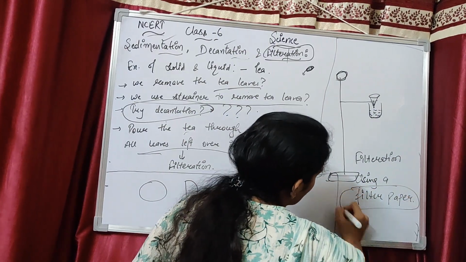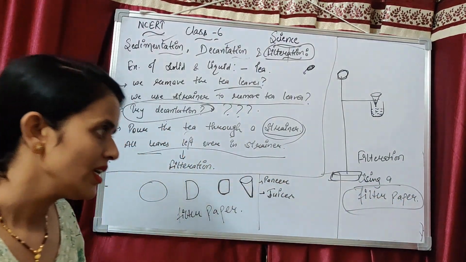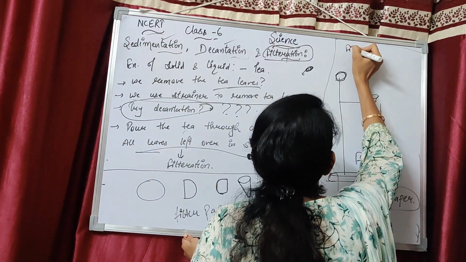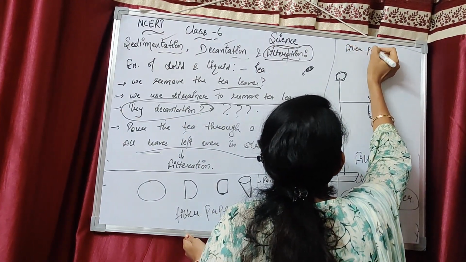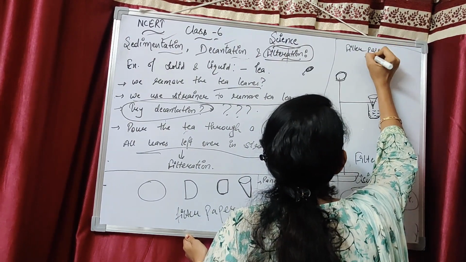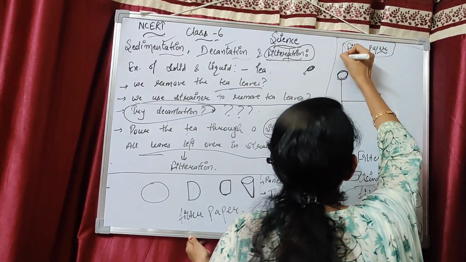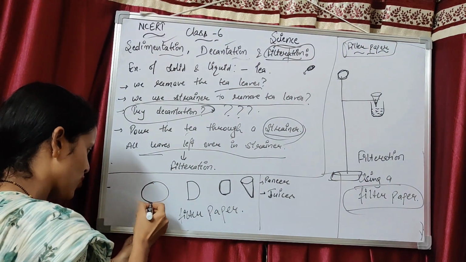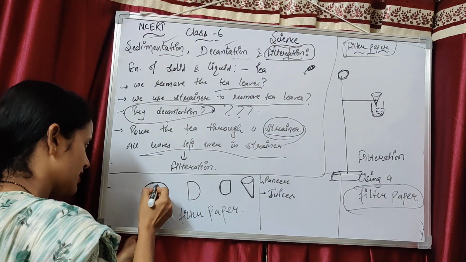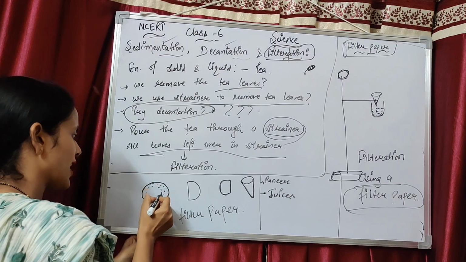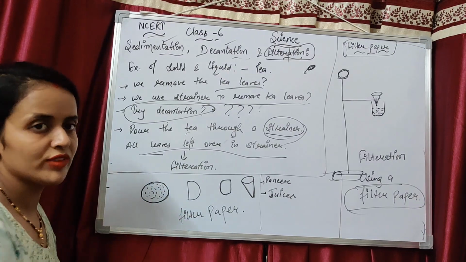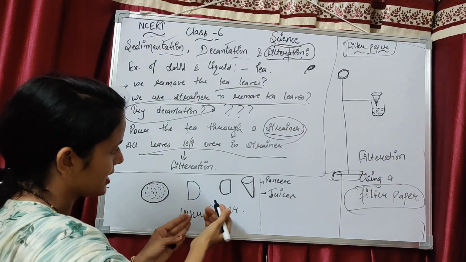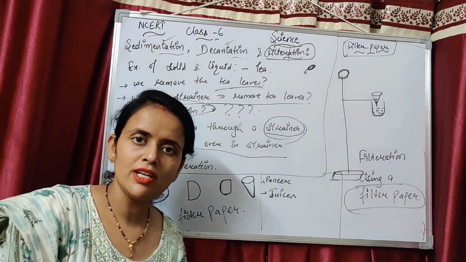We use a filter paper. How many of you are aware of the use of filter paper in labs? This is the filter paper, having very small pores on it, which help remove the impurities from the solution. We first fold it like this, then this, and then we make a cone of the filter paper.